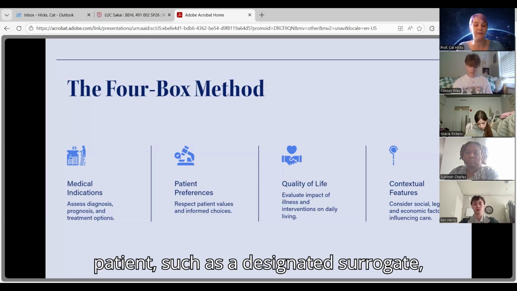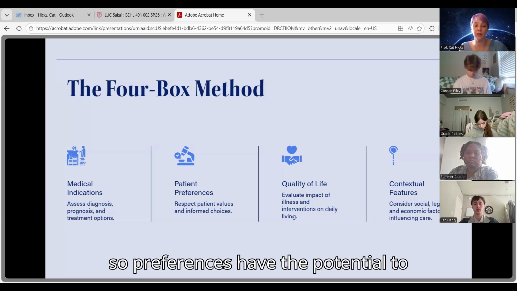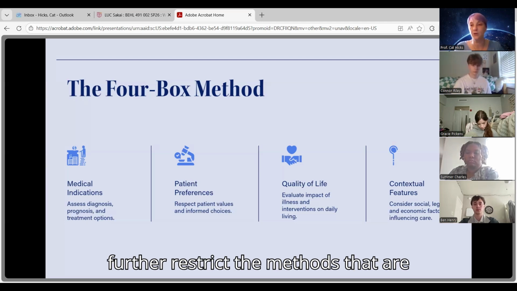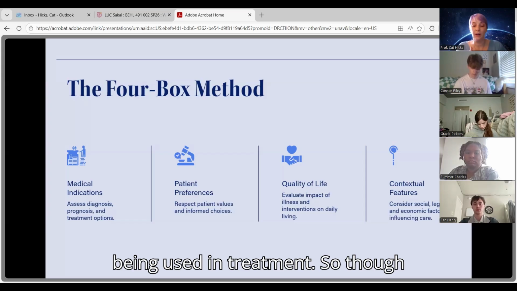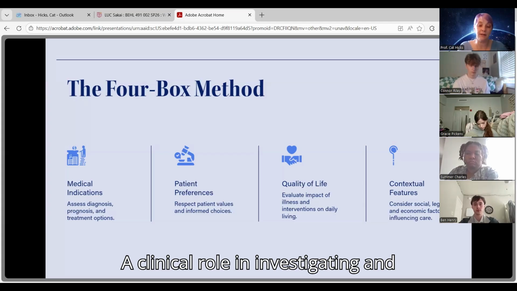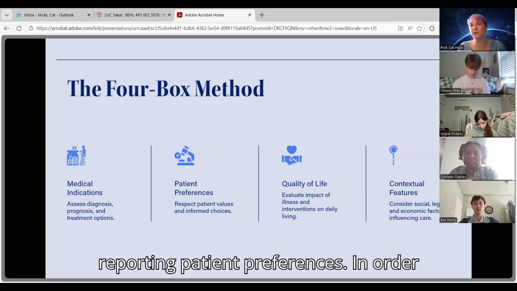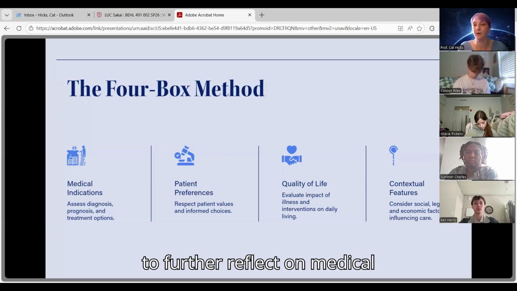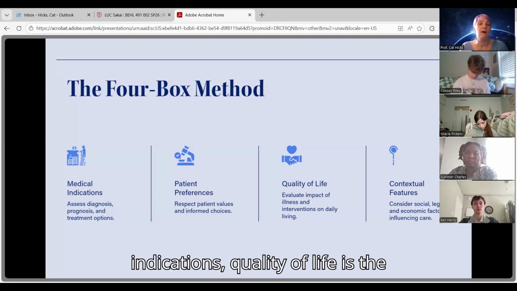So preferences have the potential to further restrict the methods that are being used in treatment. So though it preserves autonomy, it also serves a clinical role in investigating and reporting patient preferences in order to further reflect on medical indications.